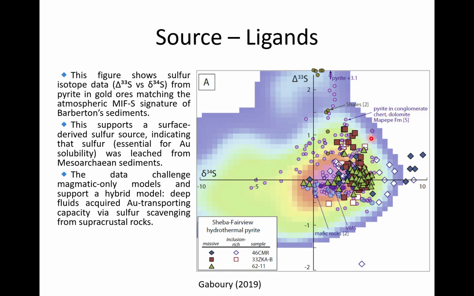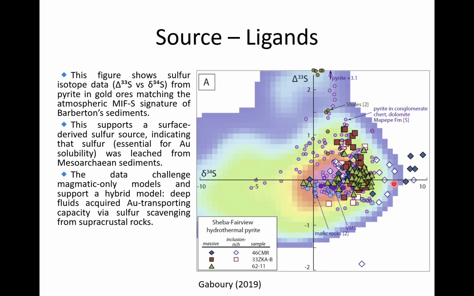What it shows is that these are pyrite grains from Sheba and Fairview. They have delta 33 sulfur values between around minus 0.5 and 1 per mil, and delta 34 sulfur values between around 0.8 to around 10 or 9.